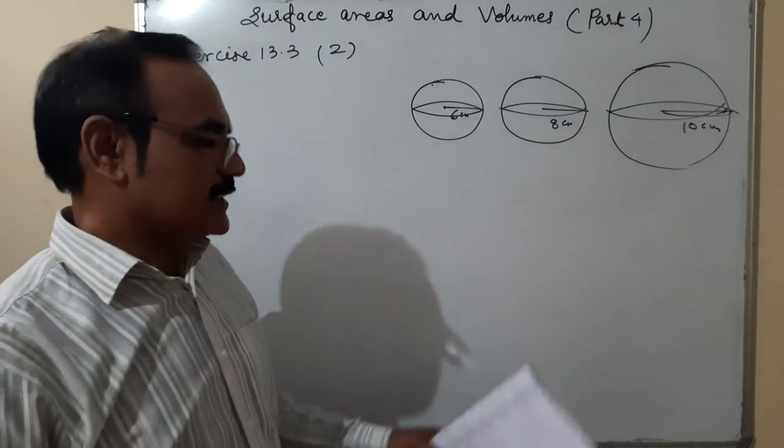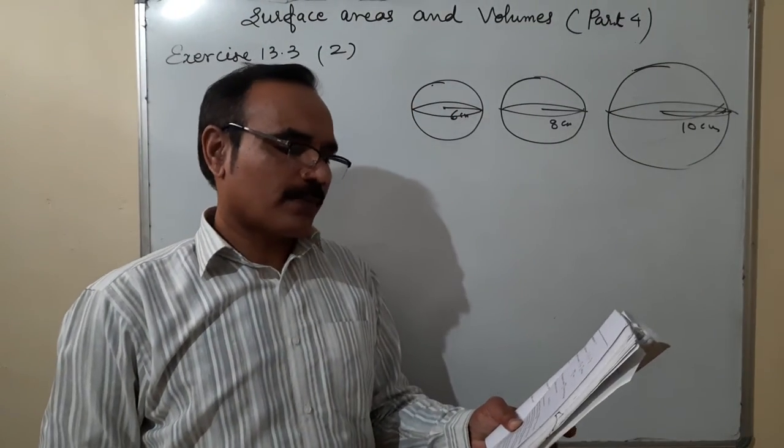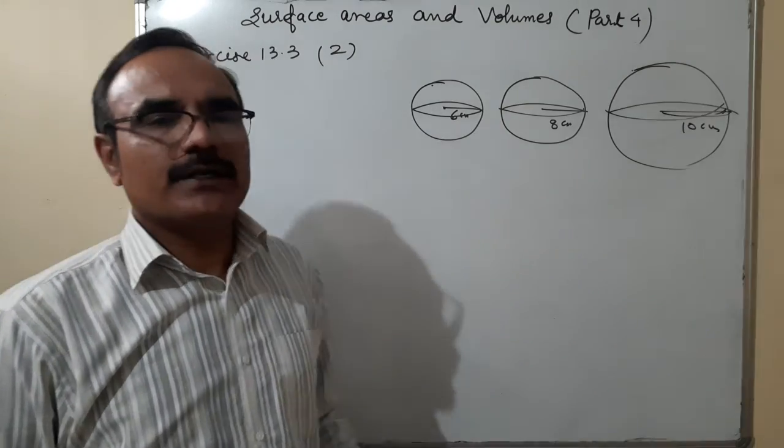These are three spheres, 6 centimeter, 8 centimeter and 10 centimeter, which are melted to form a single solid sphere.